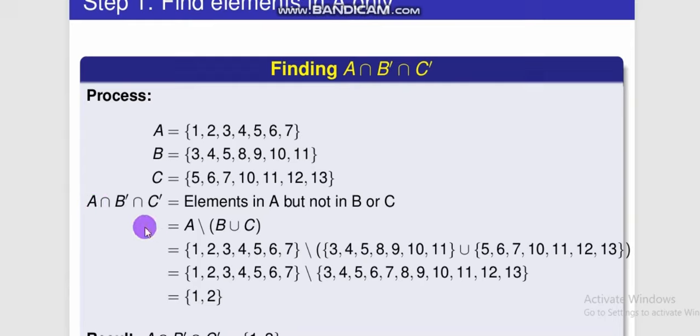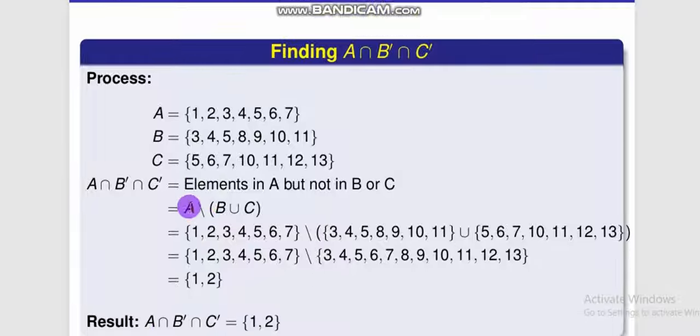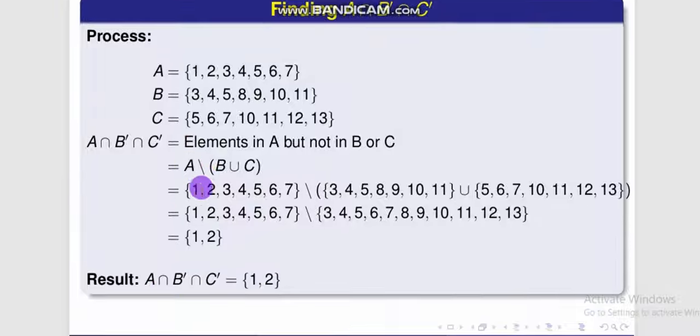So what you will do is you unite all the elements that are in B and C, and then you subtract those elements from A. You see, so element in A but not in B or C means A set minus B union C. So you unite the B and C, and then you subtract that from A. So here it is, your element in A, look at them here, all of them are here.